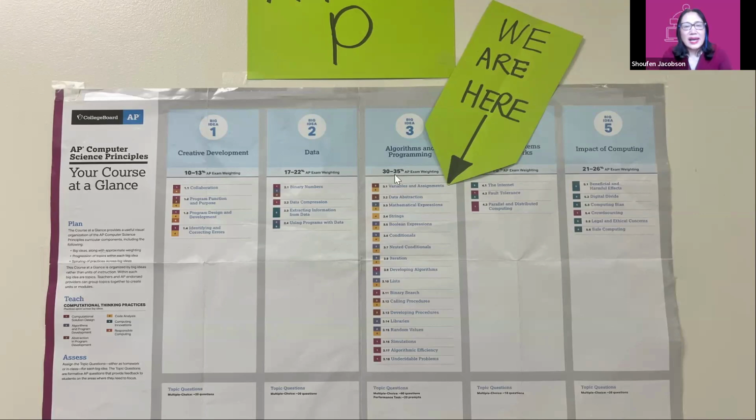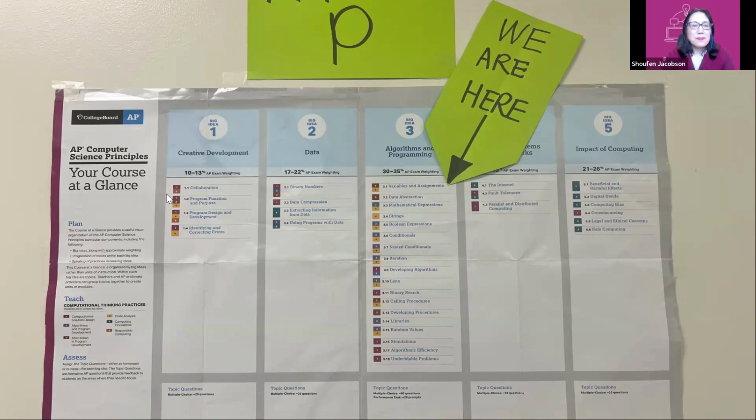Now, if you look at this chart, I love this chart. It hangs in my classroom. I just took a picture today. I thought it was going to help. I want to mention how the Create task aligns with this chart.